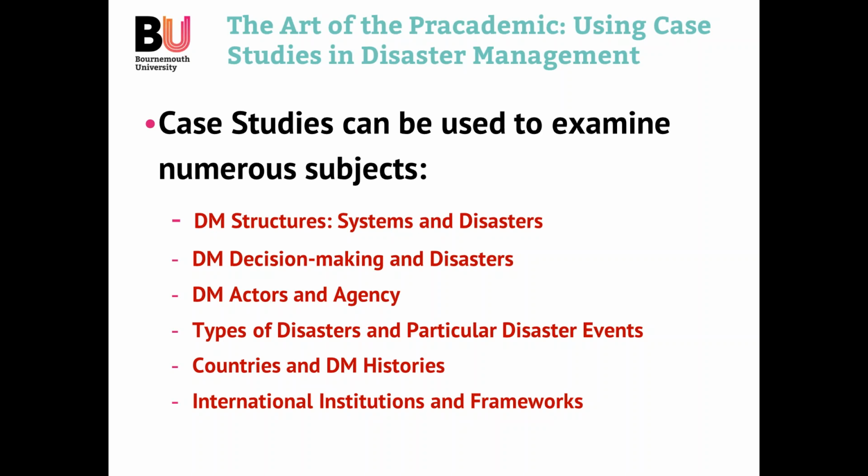Decisions, for example, about the stay put policy, where the emergency responders advised people to stay put in their flats when the fire broke out. And we can identify why those decisions were made at the particular point and how they were common or not common according to different types of similar events.